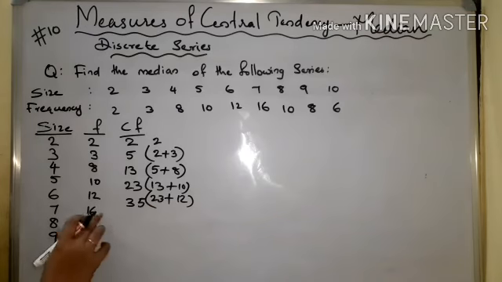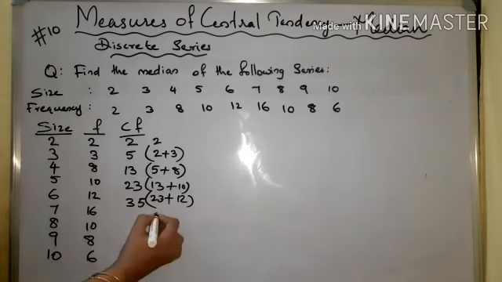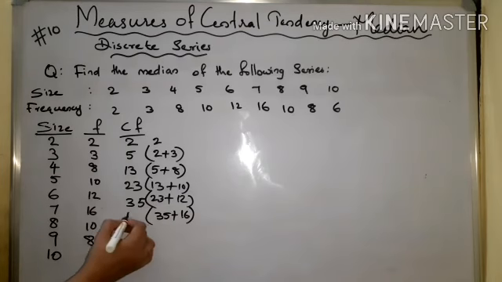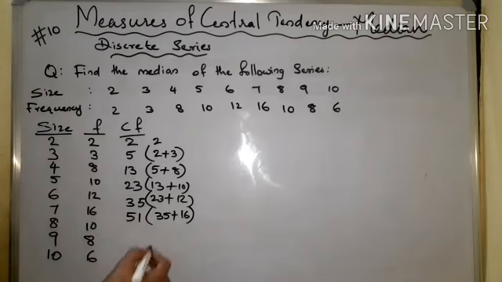Then next, this 35 plus 16. 35 plus 16, that is 51. Then next one is 51 plus 10, that is 61.